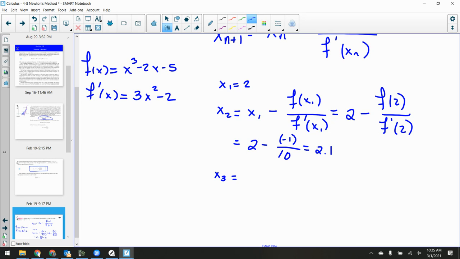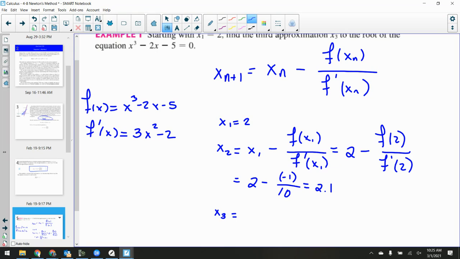Let's find x3. Do you use the plus one, like on the left side where it says x sub n plus 1? That's just the next term in the sequence. So if I want x2, that's really like x sub 1 plus 1. This is a recursive formula, basically using the previous piece of the sequence to define the next one.